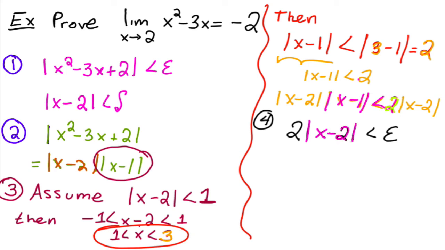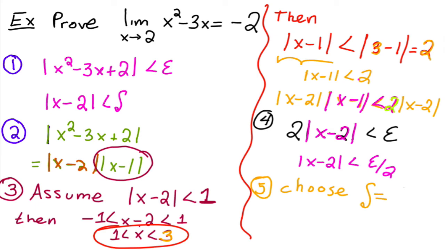So I'm going to solve for this guy. So that means that I want |x - 2| to be less than epsilon over 2. Okay. So then you choose, step 5, delta to be equal to that value that you just found.